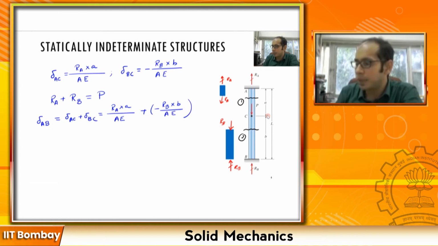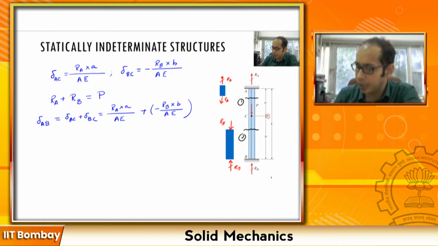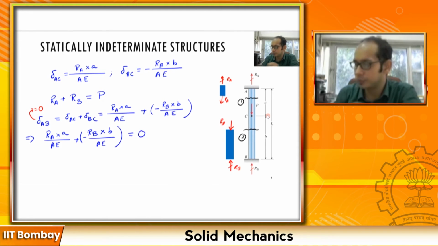But remember, what is the equation of compatibility in this one? The top A and the bottom B are exactly at the same place, so this delta AB is essentially equal to 0, right? If I expand this, I have RA times A divided by AE, plus, sorry, I have to put a negative sign over here, RB times B divided by AE, must be equal to 0.